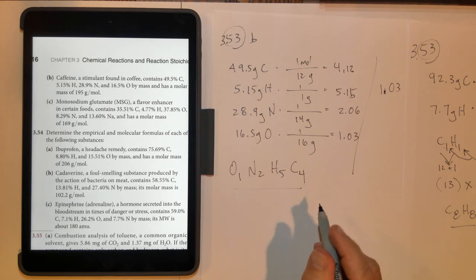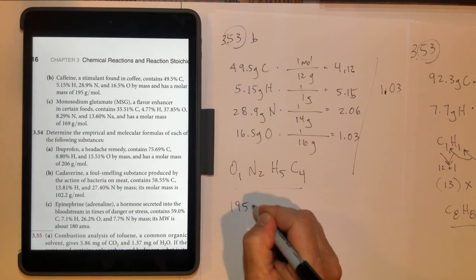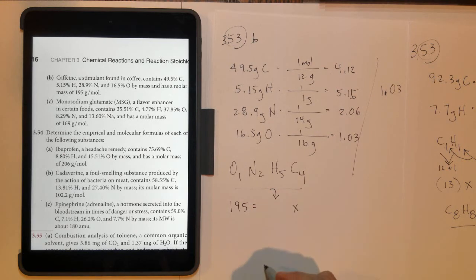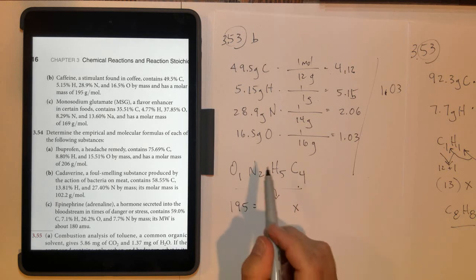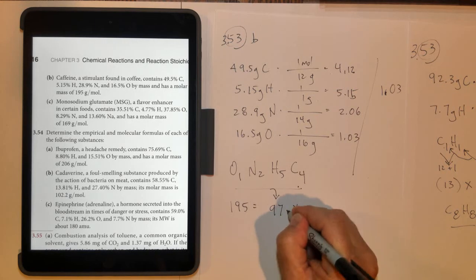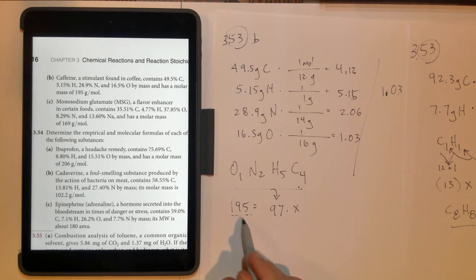Now it says the formula weight is 195 grams per mole. So 195 has to equal what this formula mass is times some number x. So I add this up on the periodic table, 4 carbons plus 5 hydrogens plus 2 nitrogens plus 1 oxygen, and I get 97. So 97 times some number x is equal to the formula weight right here.